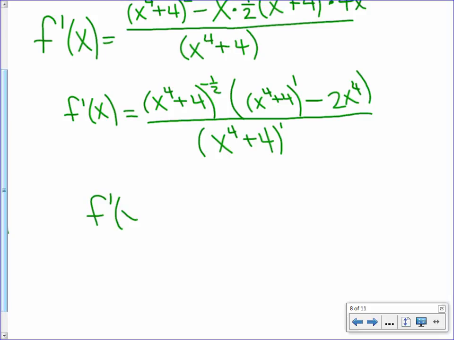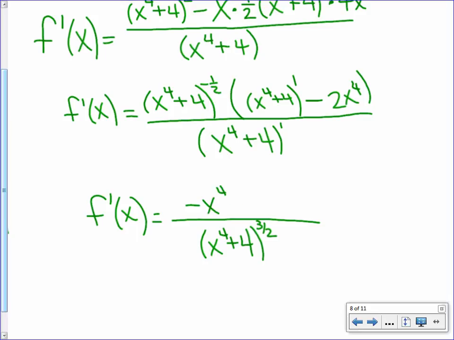So when we take that negative exponent and move it to the denominator, we get x to the 4th plus 4 to the 3/2 power. Okay? And then upstairs, we would have negative x to the 4th plus 4 when we combine like terms.